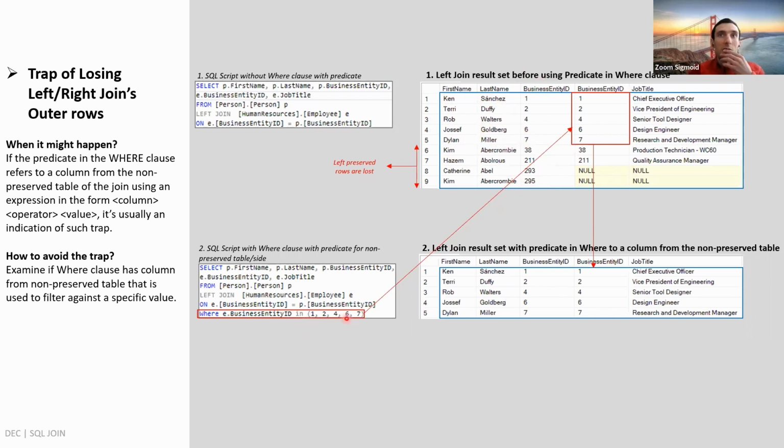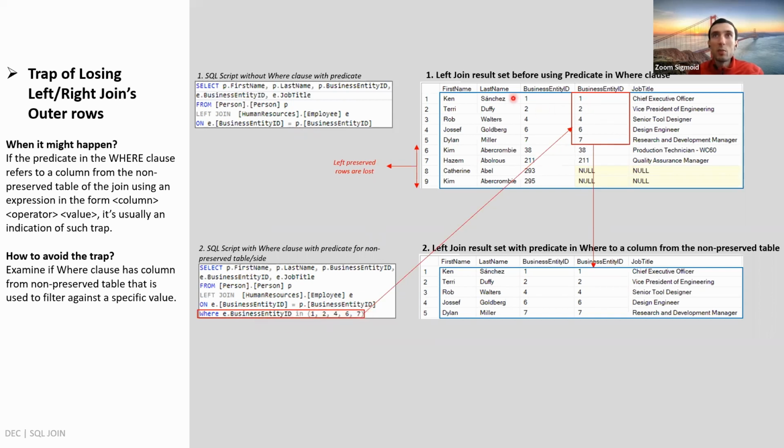So if you want to have all the rows from the left table, and for the right table you want to have matches only for these 5 values, then this part, business entity ID in these values, you should put in the ON. It would be business entity ID from employee table equal to business entity ID from person table and business entity ID from employee table in these values.